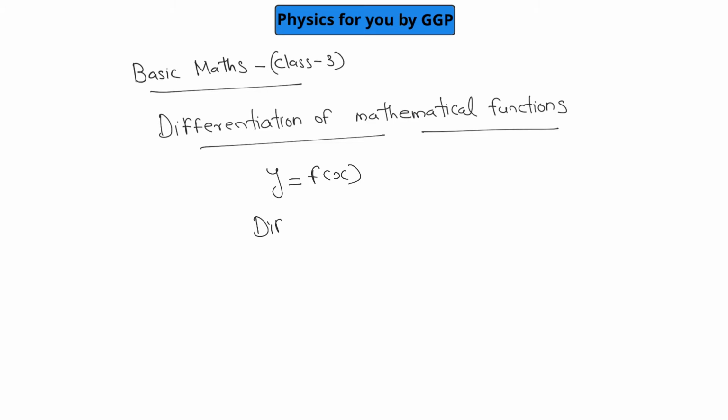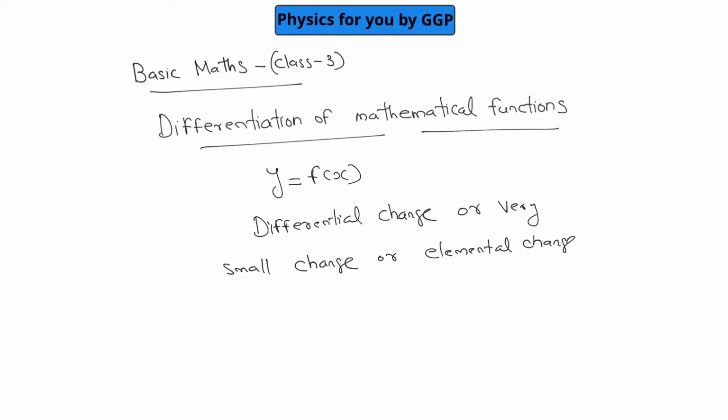So we can say that the differential change means nothing but a small change, a differential change, a very small change, or an elemental change in a variable, let's say x, and it is represented by dx.